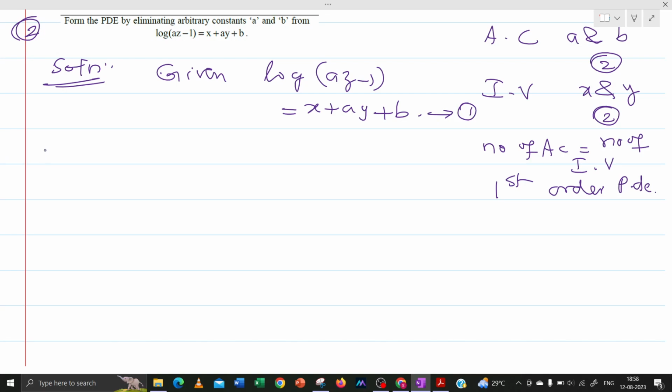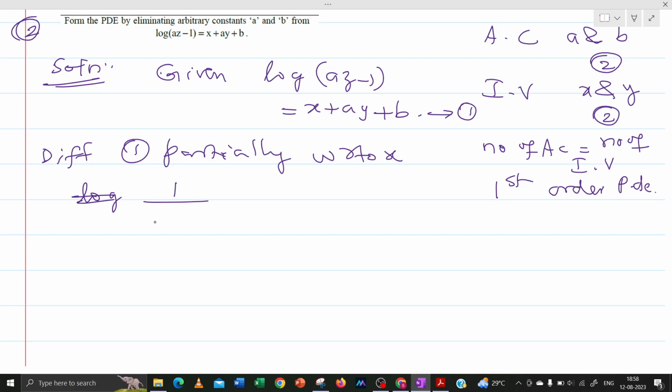Then differentiate 1 partially with respect to x, then we will get log(az minus 1). If you are differentiating that, you will get 1 by (az minus 1). Once again, you have to differentiate this az minus 1.